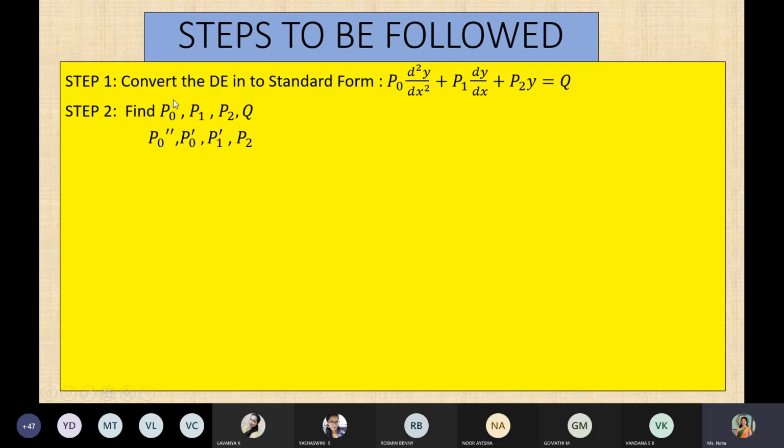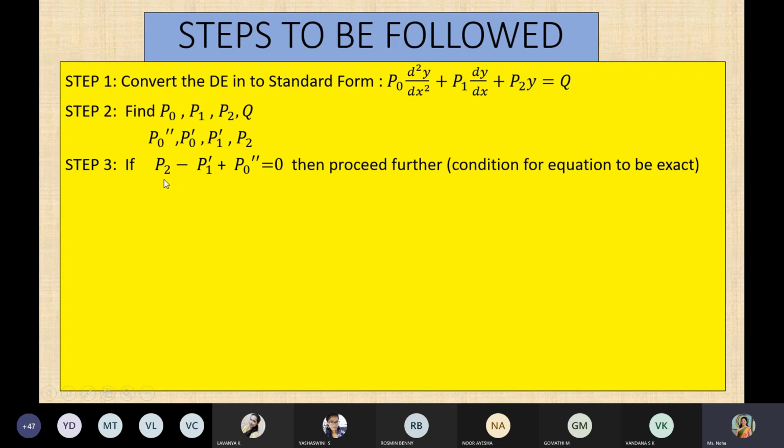Once you find all these things, you will substitute in the equation, and the equation is P2 minus P1 dash plus P naught double dash is equal to 0. How will you remember this?